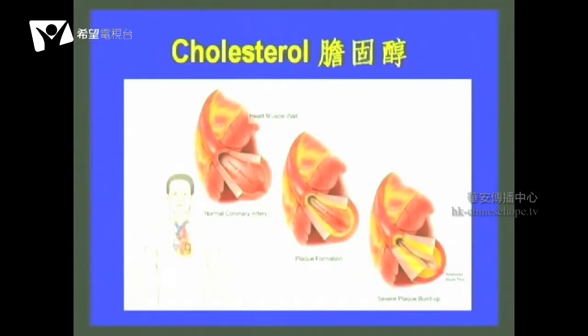As you saw, cholesterol is also one of the factors of metabolic syndrome. And cholesterol is a high risk for heart disease.